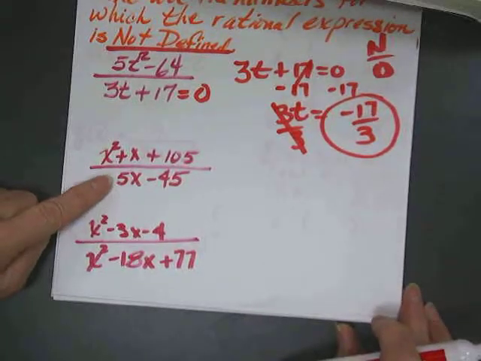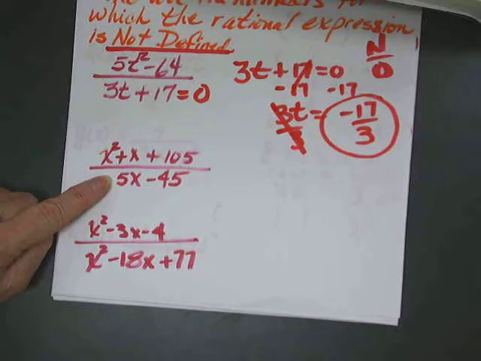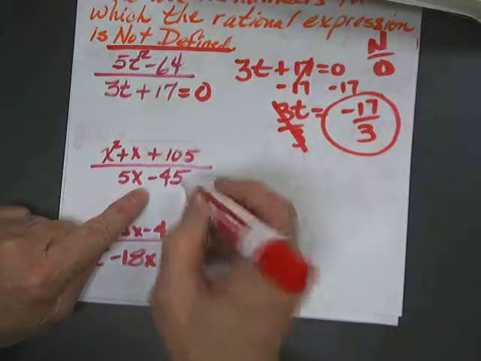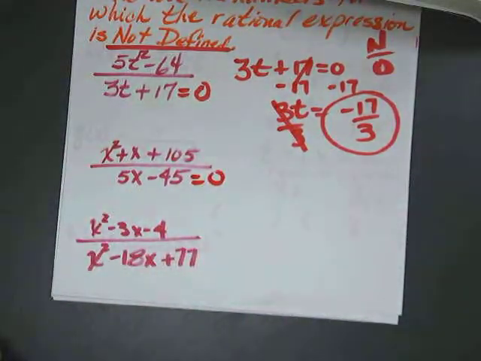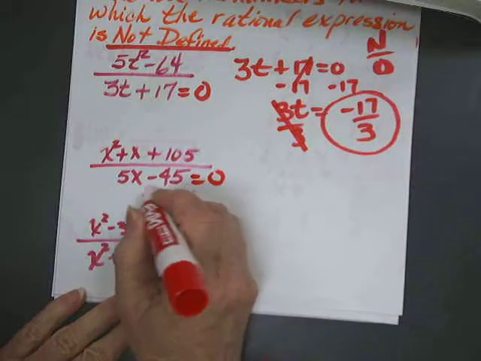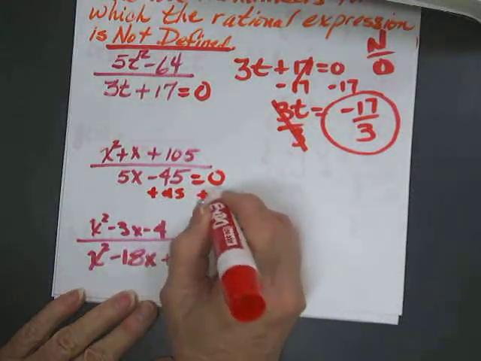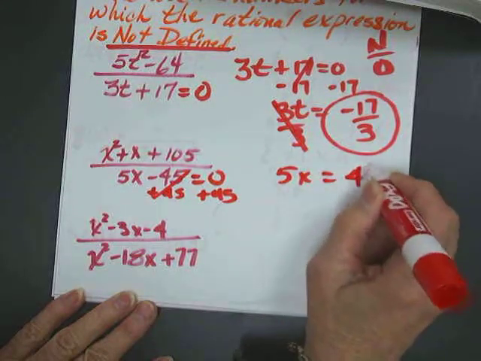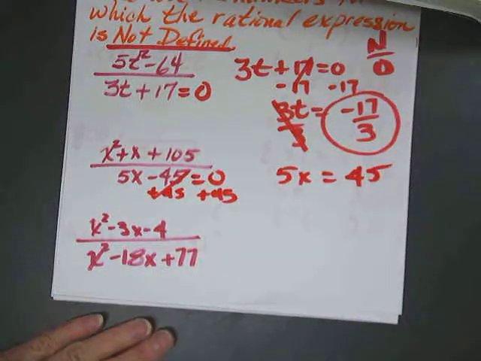Okay? So what values of x would make this undefined, would make that 0? So add 45. So we have 5x equals 45. You don't have to factor that over.